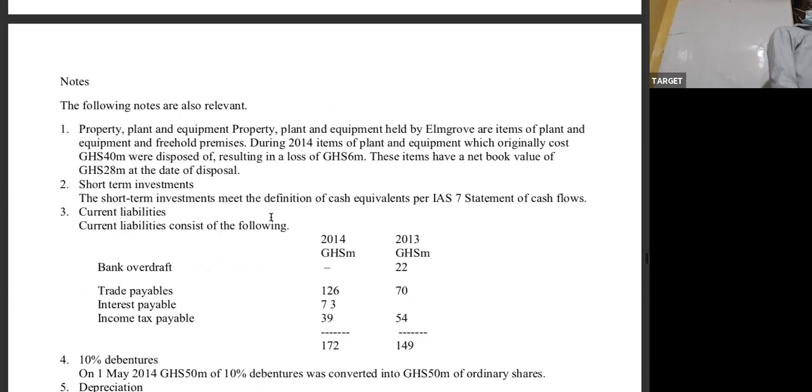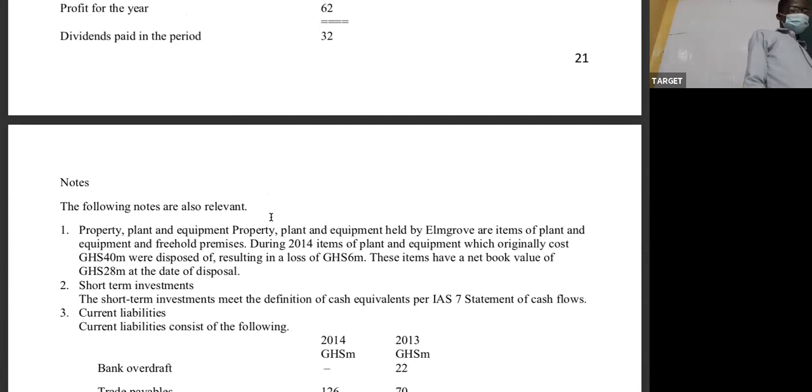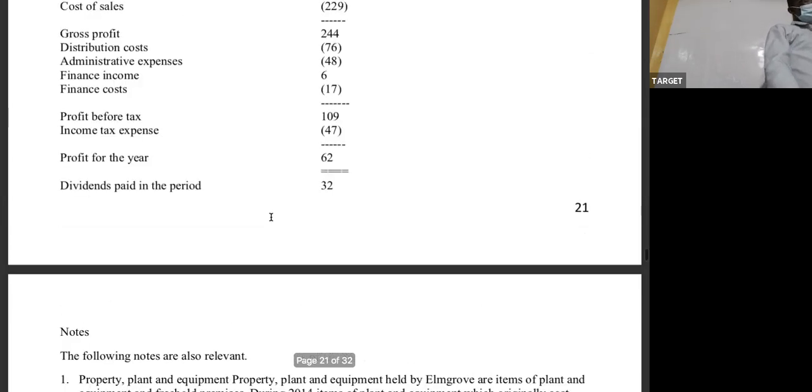Now let's go straight to the footnotes. As usual, this one will be rough. Requirement, additional information, and financial statement. They say the following notes are also relevant. So the notes start from the top.